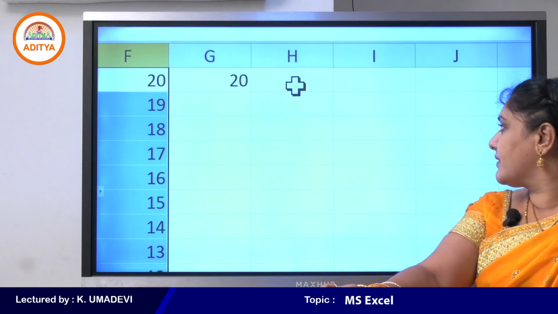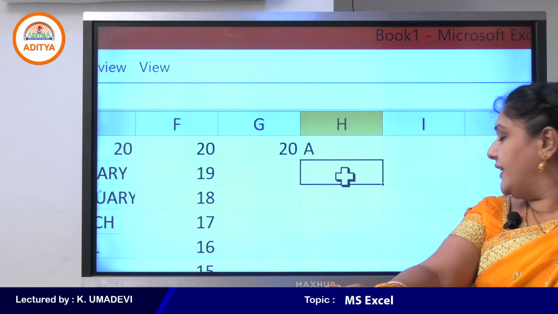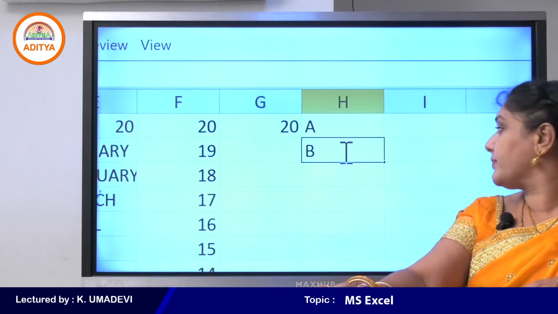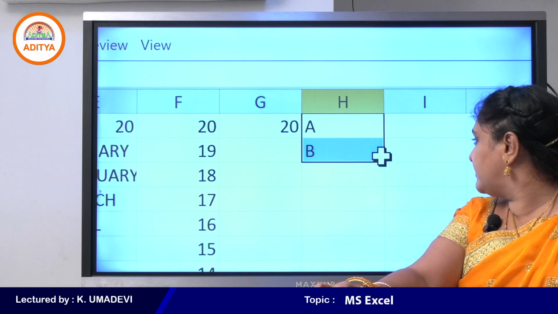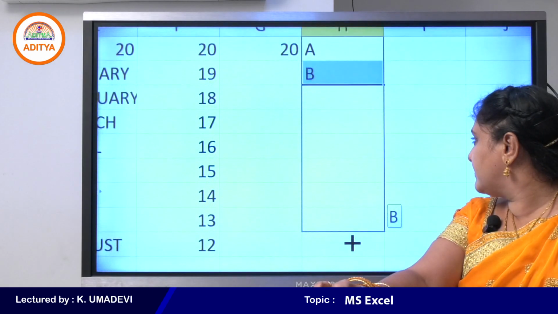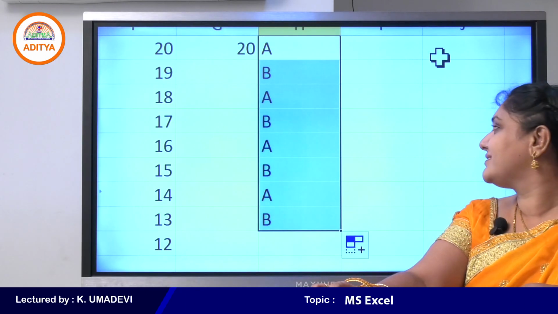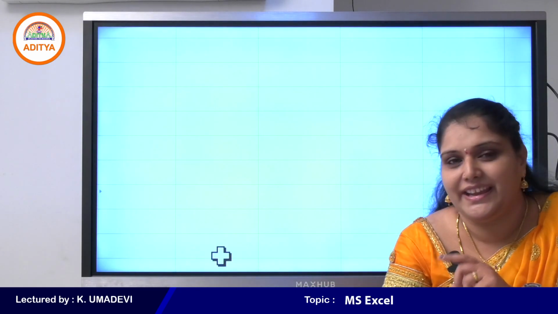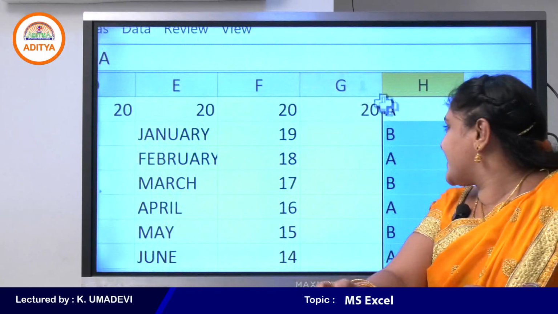Okay. So if you enter A and next one B, what will happen here? See, again A, B is repeated in the other cells, right?